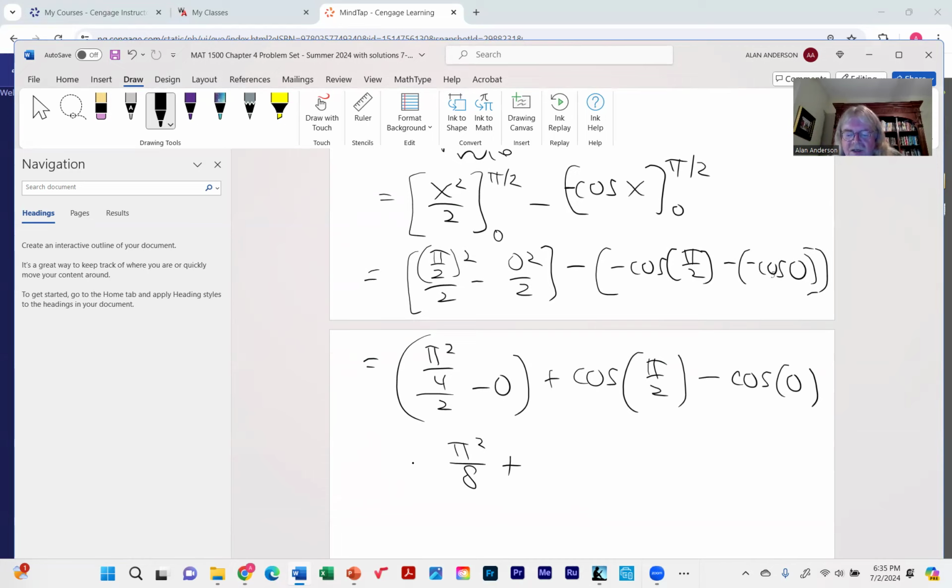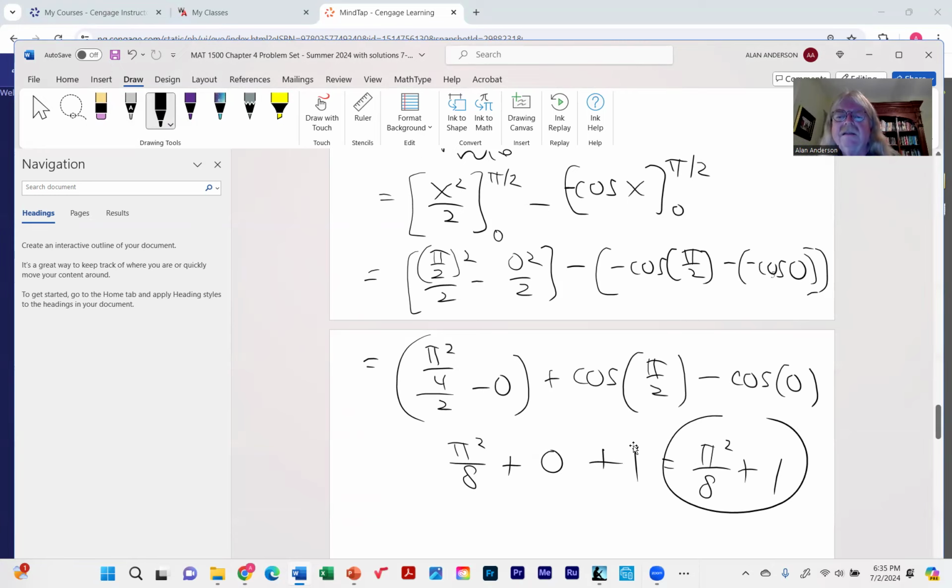We're going to take the cosine of pi over 2, and that's 0. Okay. Cosine 0 is 1. So we end up with pi squared over 8 plus 1. Okay.